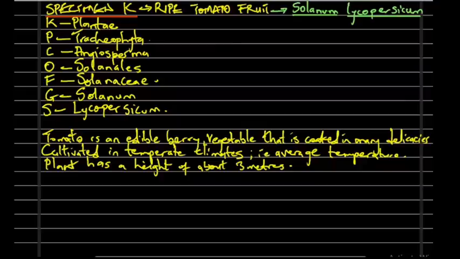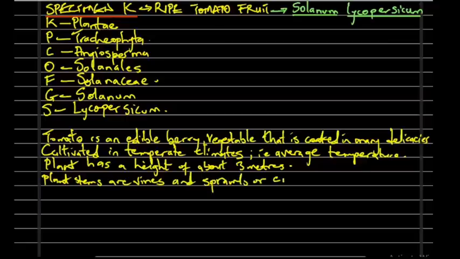Now they produce vines. They are vines with weak stems. These plants are vines. Plant stems are vines, and as such, they sprawl or crawl.